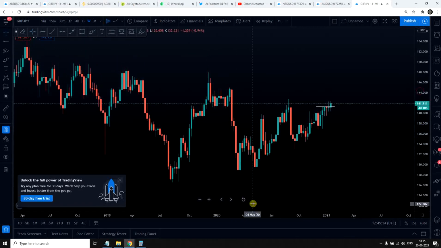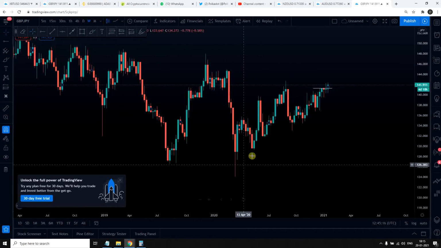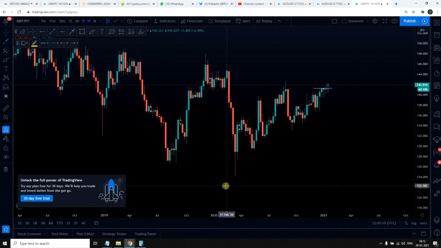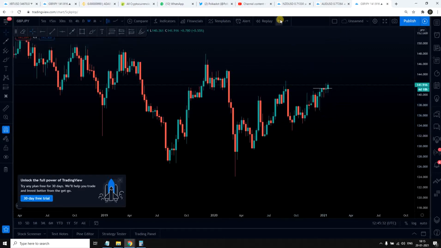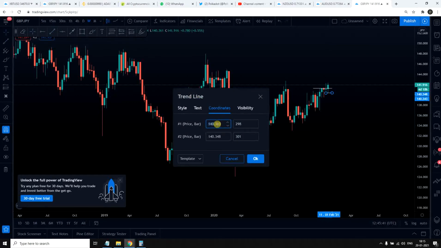From this level the market started moving in a bullish direction with a bullish structure: low, lower high, higher low, higher high, higher low. Now next will be a higher high. That's simple.